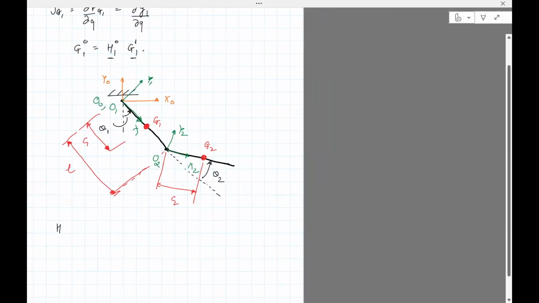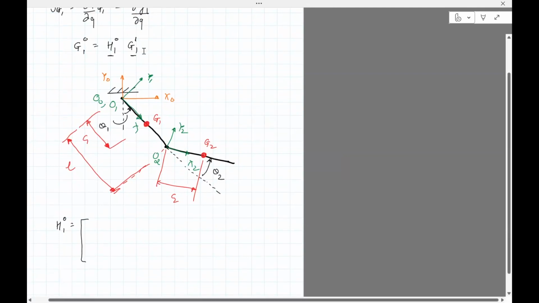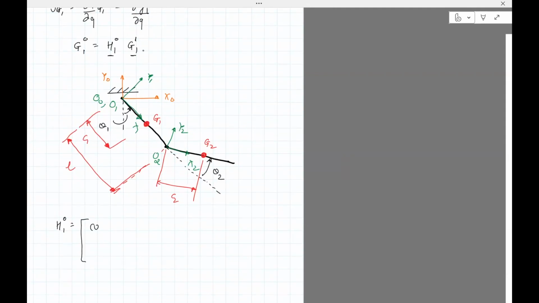So H1 in frame 0 is cosine of the angle. Now this is the angle made with the positive x-axis. This is x1, and I need the angle between x0 and x1. You can go this way, but I would recommend that you always go counterclockwise because the convention is counterclockwise positive.